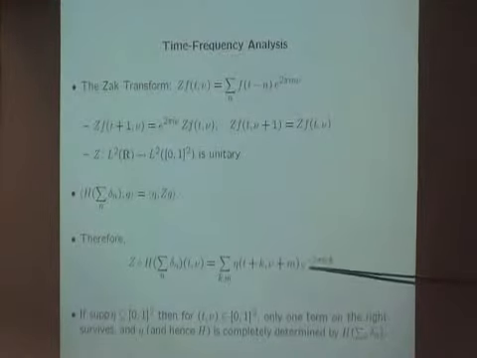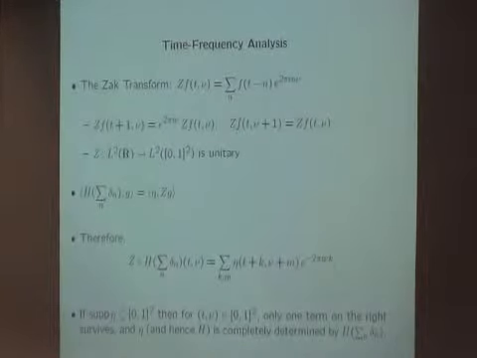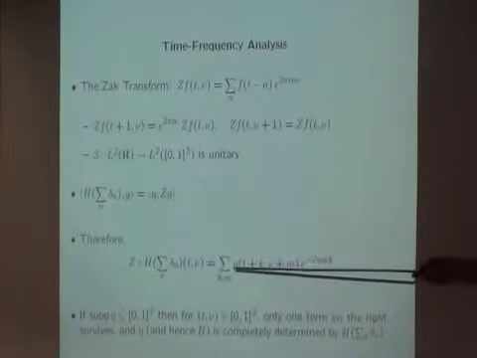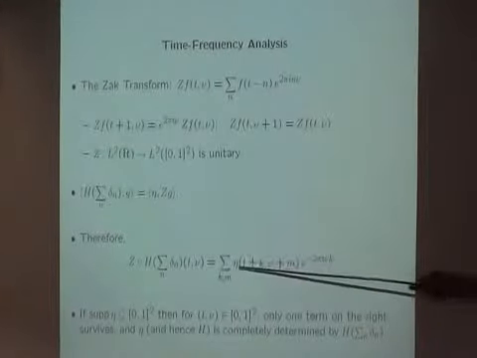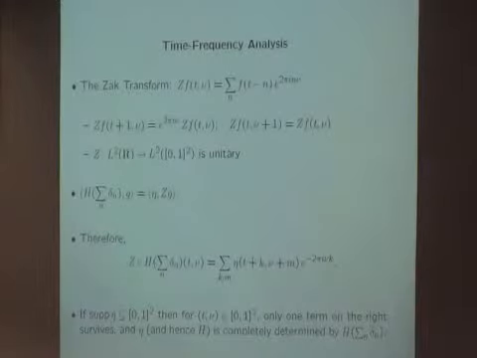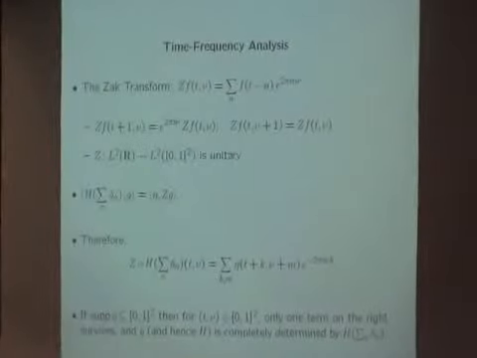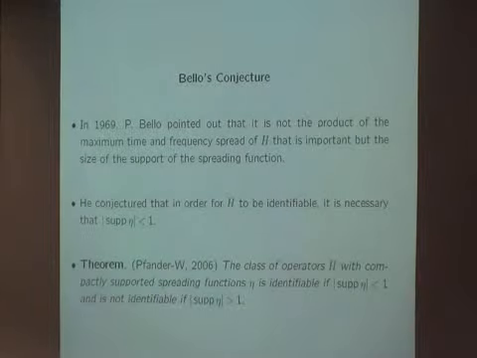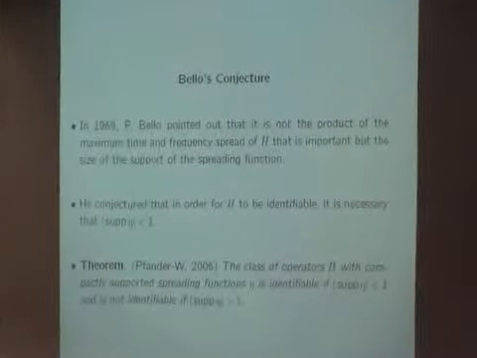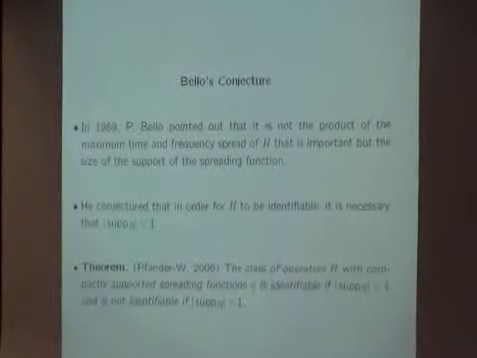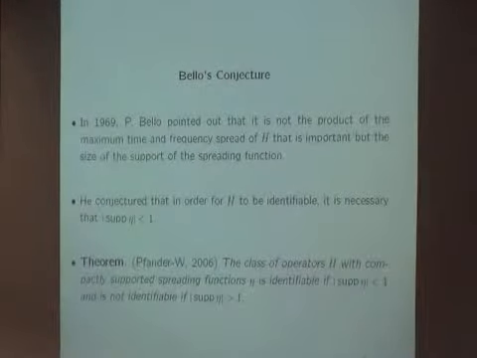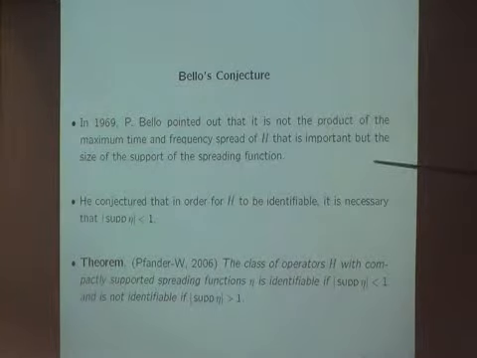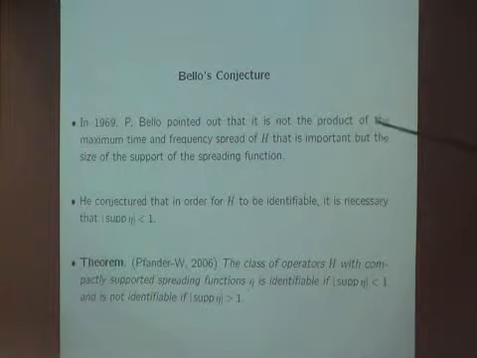The observation here is that if eta is supported in the unit square, there's no aliasing error here, and so this periodization completely determines eta. So that's another point of view on why we need that unit square.